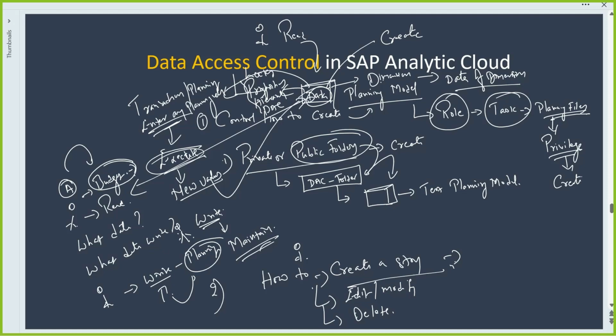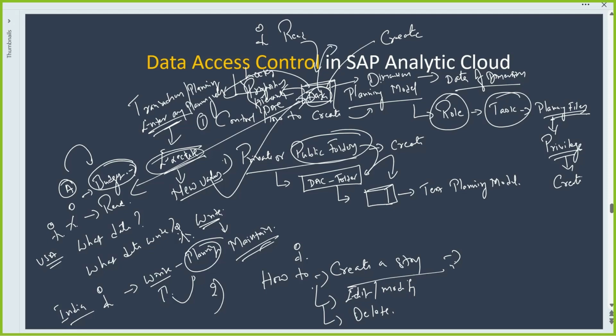For example, if this user belongs to India, then I should see only the Indian transactions. Suppose the user is from the US. Automatically, you should see only USA data.